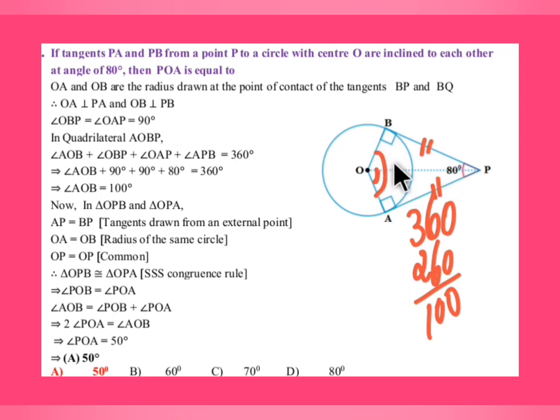Hence these two triangles are congruent triangles. Hence POB is equal to POA. The angles you can take as equal, and hence this middle angle will be twice of POA, and hence 100 divided by 2 gives us 50 degree. That's it. So 50 is the right answer. Option number 1, 50, is the right answer.